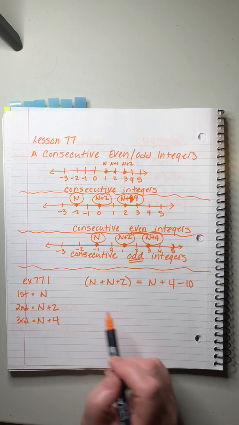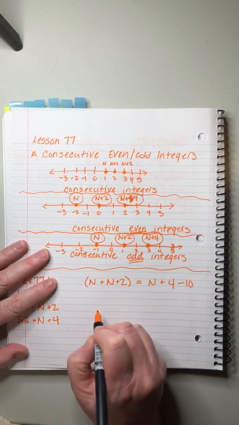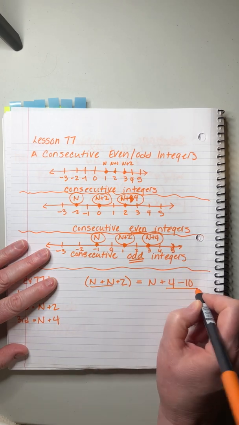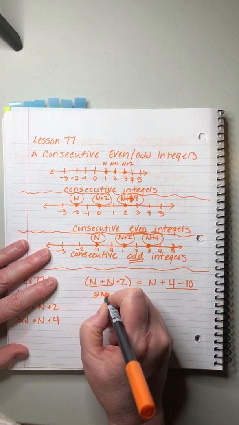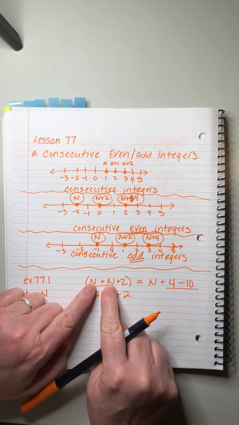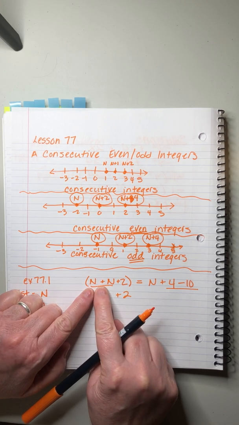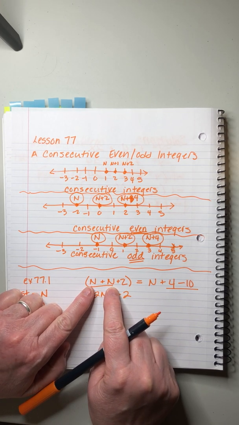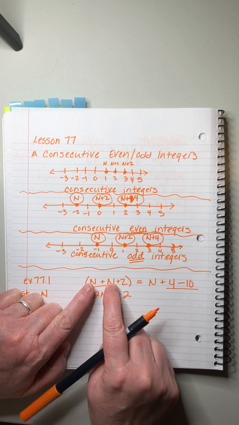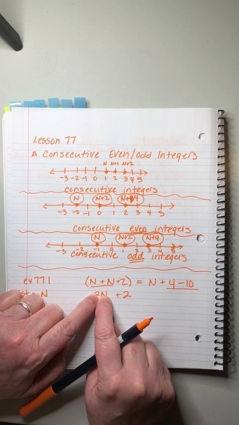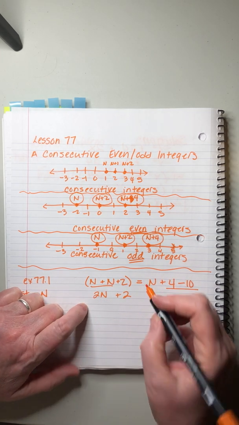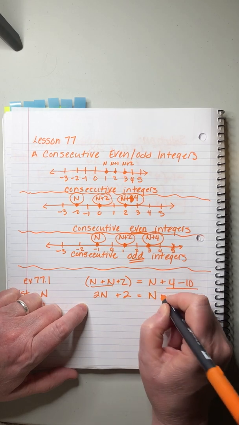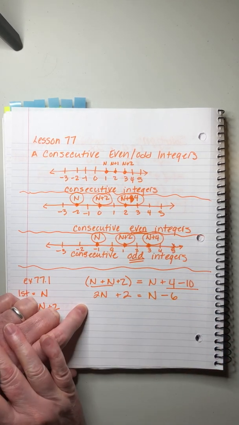All right? Okay, let's add like terms. Those and those. So 2n plus 2, not n squared because we're adding. Oh, that's such an easy mistake to make. Here we are adding, so it's 2n, not n squared, equals n minus 6.